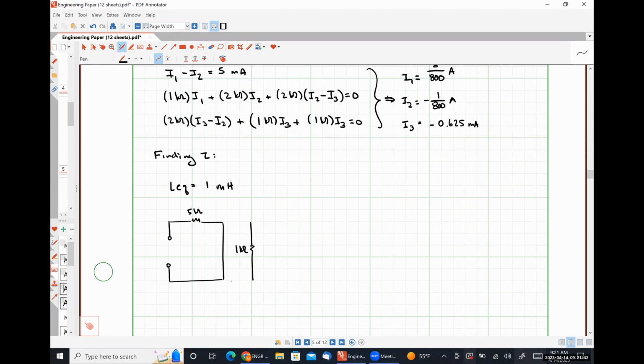Then we have our 1 kilo ohm resistor. Here's a 2 kilo ohm resistor. Another 2 kilo ohm resistor. 1 kilo ohm. 1 kilo ohm.